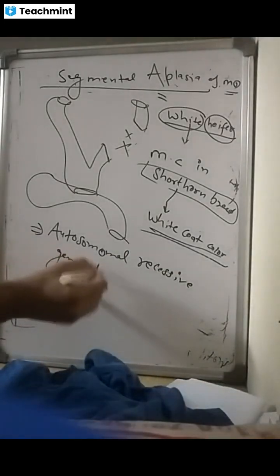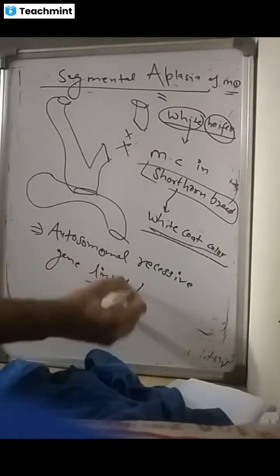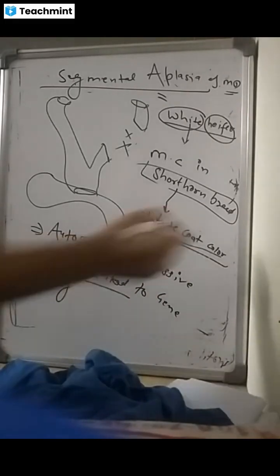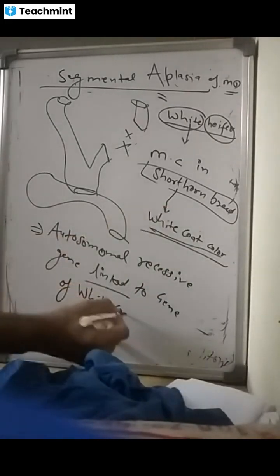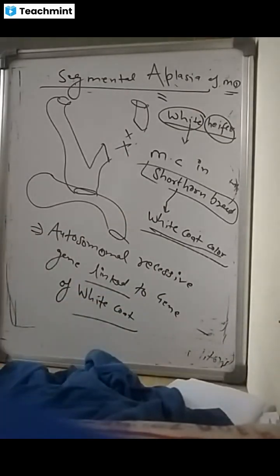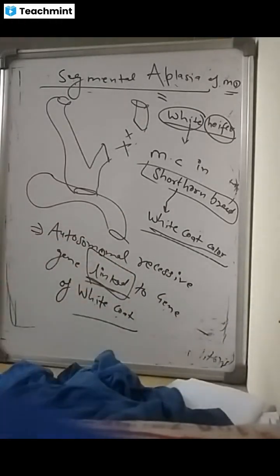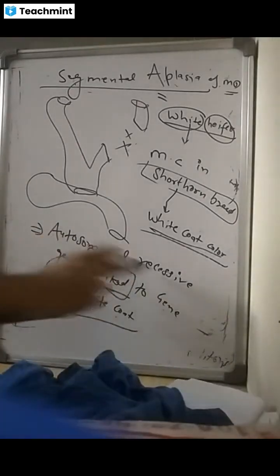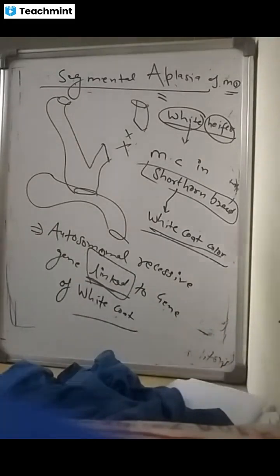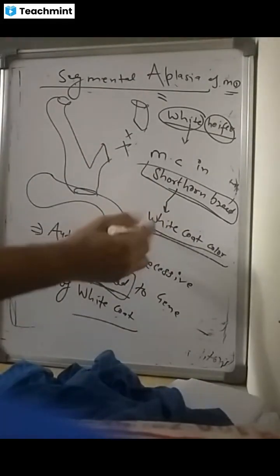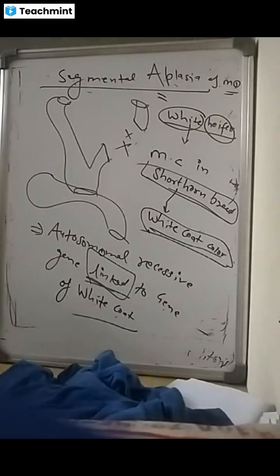It is an autosomal recessive gene which is linked to the gene of white coat color. Because of this autosomal recessive gene, this defect is present in the shorthorn breed, which has white coat color.